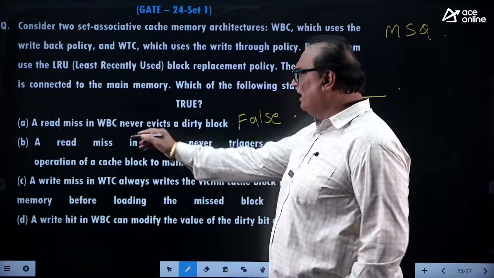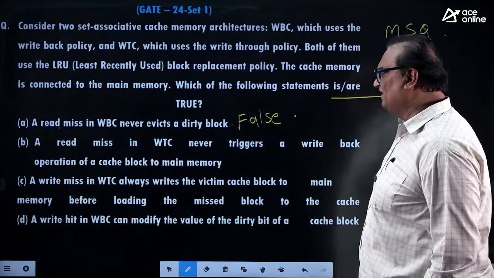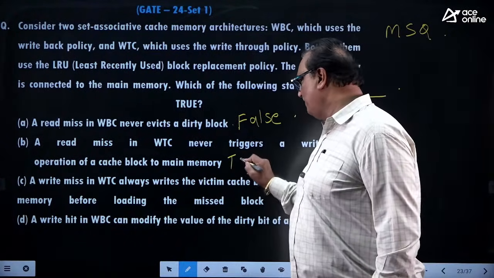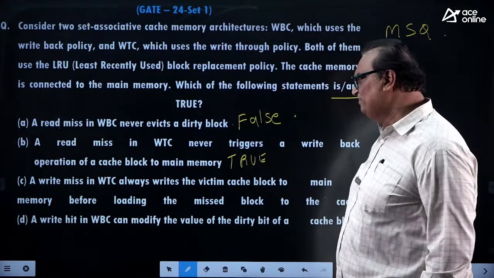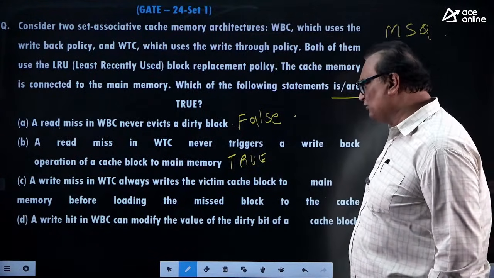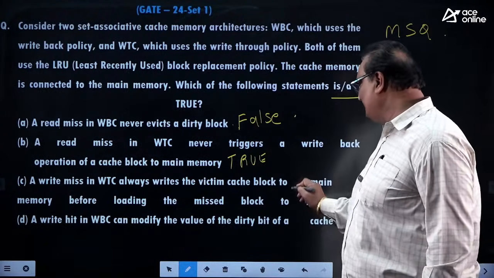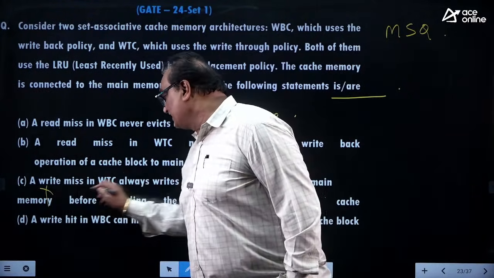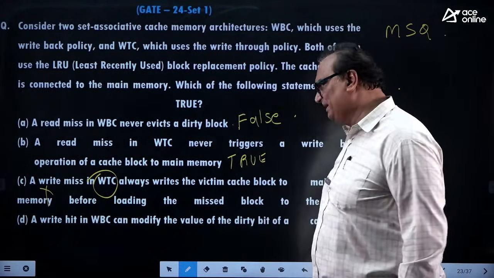Eviction is needed. What about B? A read miss in WTC never triggers a write back operation of a cache block to main memory. True. Why? In write through, there is no need to write that in main memory. A write miss in WTC always writes the victim cache block back to main memory before loading the missed block to the cache. It is false. Why? It is write through. No need to write the present cache information to main memory.